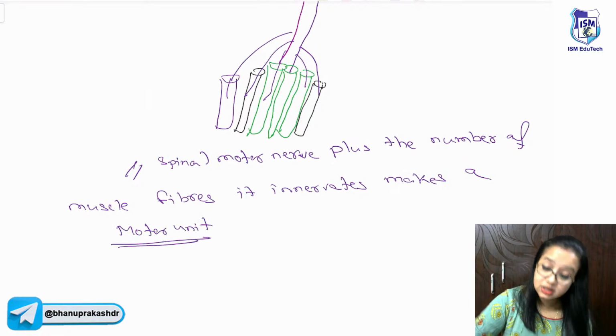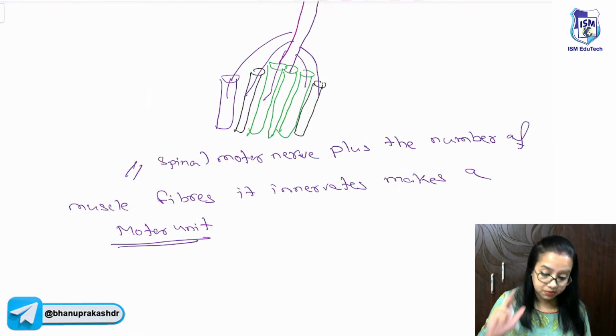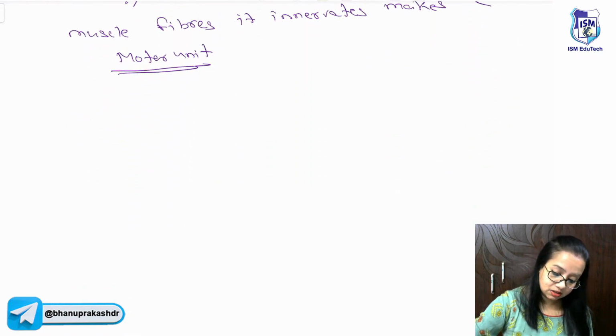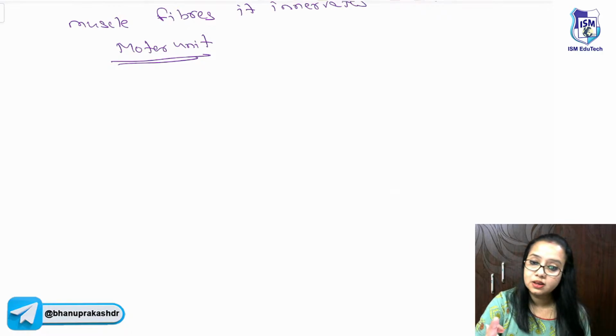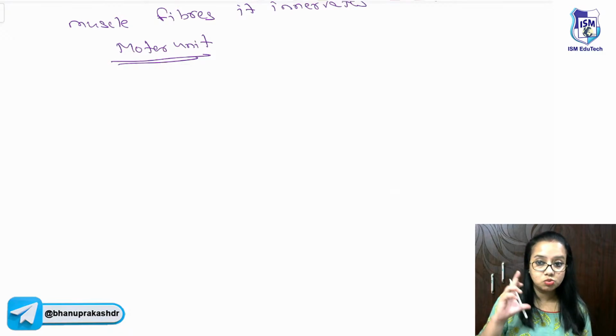So each nerve fiber, be clear on it, each nerve fiber that is innervating each and every muscle fiber, that is one motor unit.